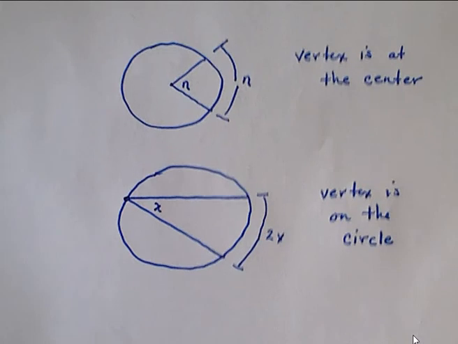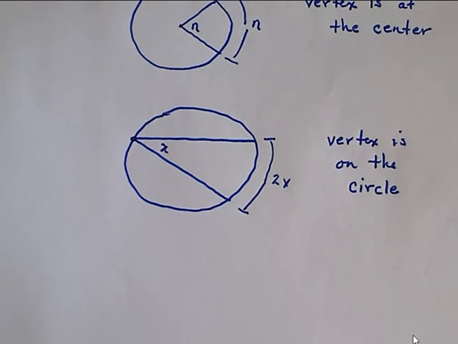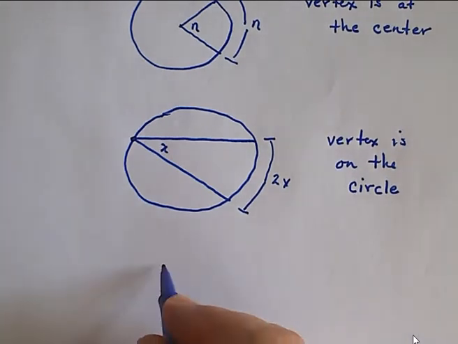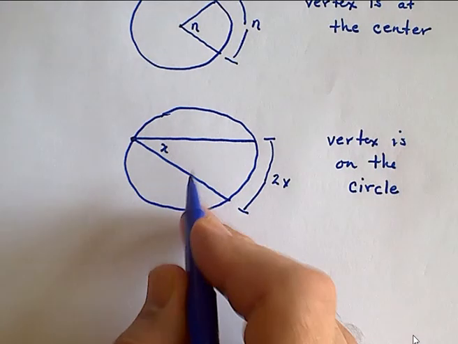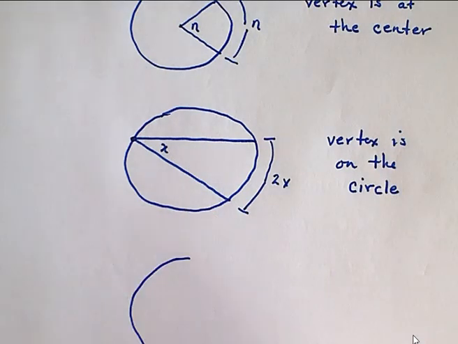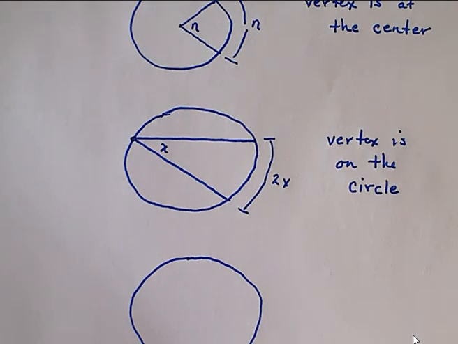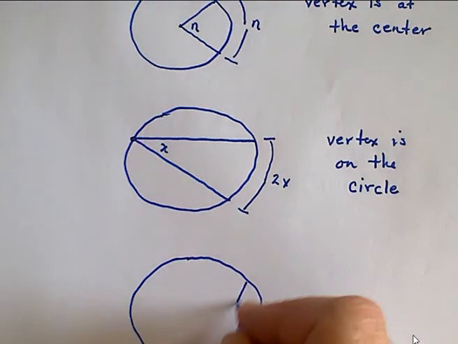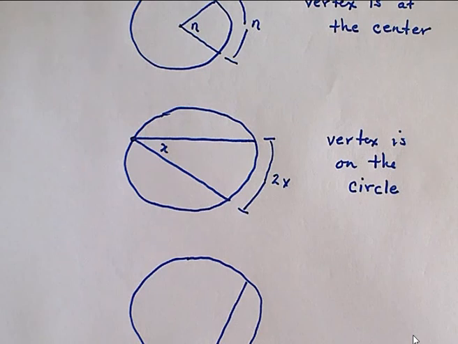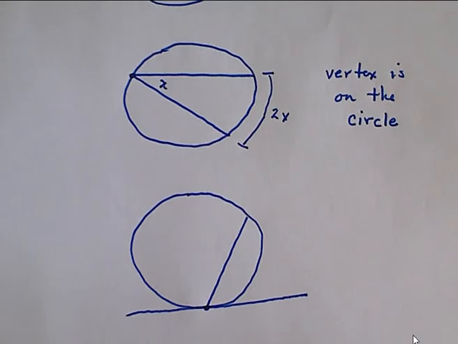So here's another one that they will talk about here in section 4. This one has a tangent and a chord. So here is a circle, here's a vertex, this is a tangent, and this is a chord. Because the vertex is still on the circle, the rule is the same.